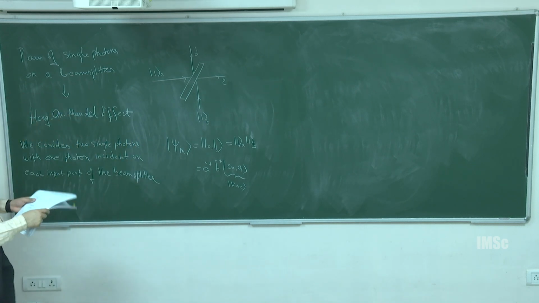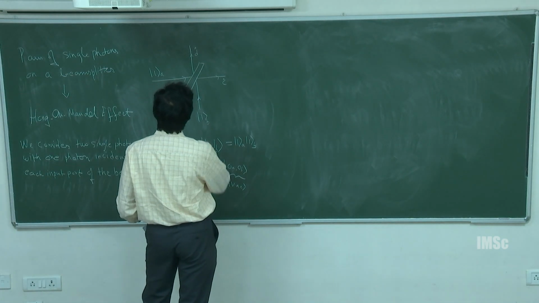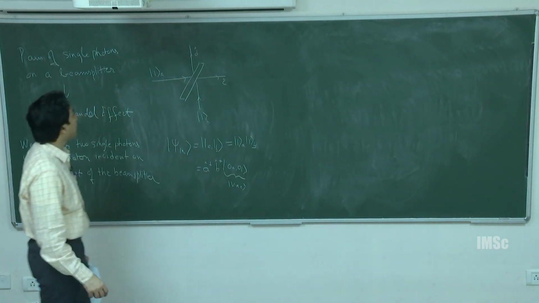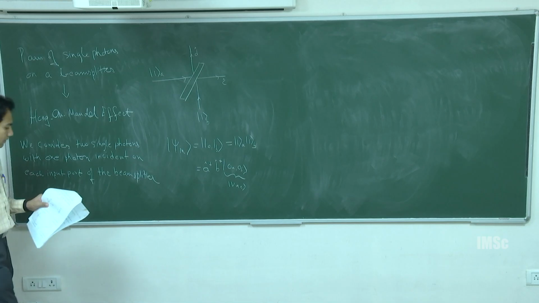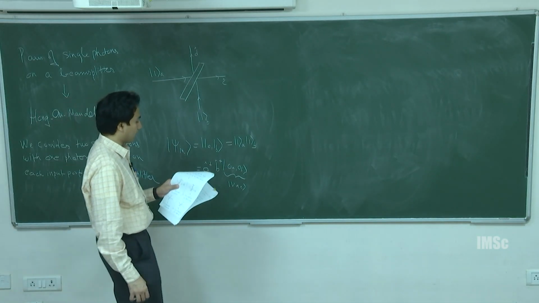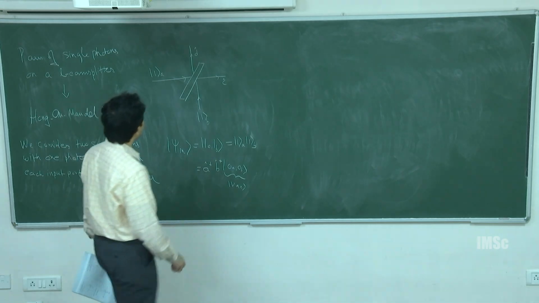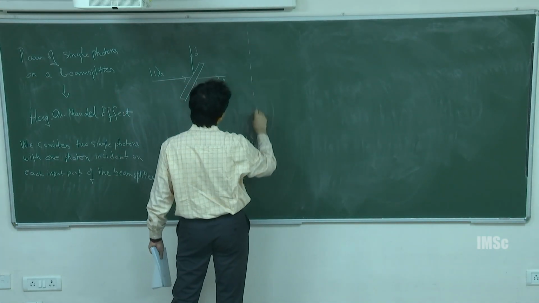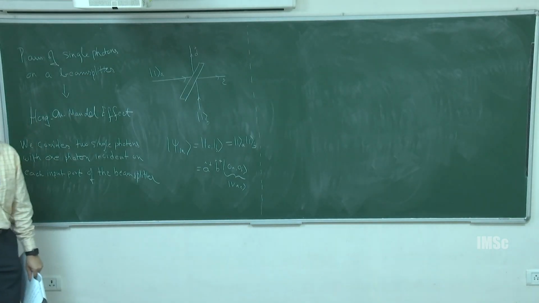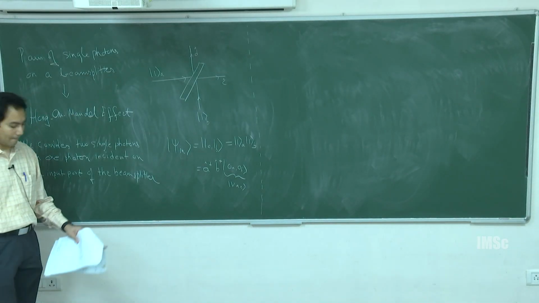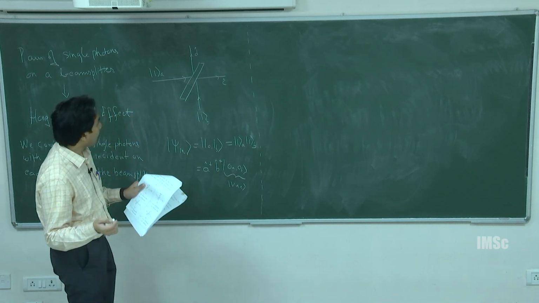So we have two single photons entering through two input ports of the beam splitter. Now 4 paths are possible for the two single photons, correct? So what path can the two photons take? How many possible outcomes are there for this particular configuration? So there are 4, right?